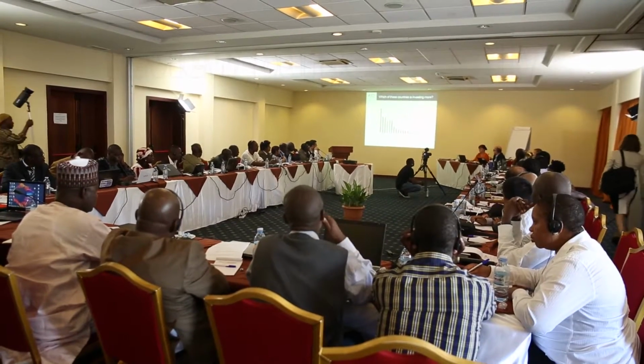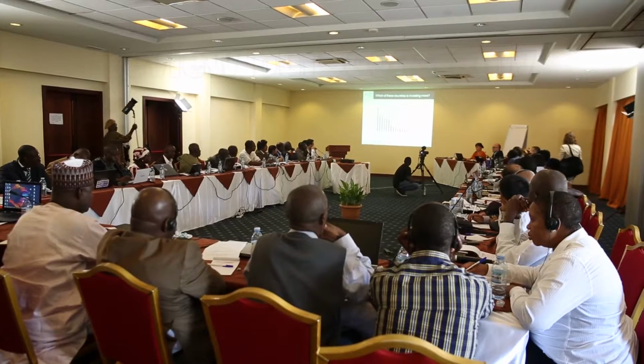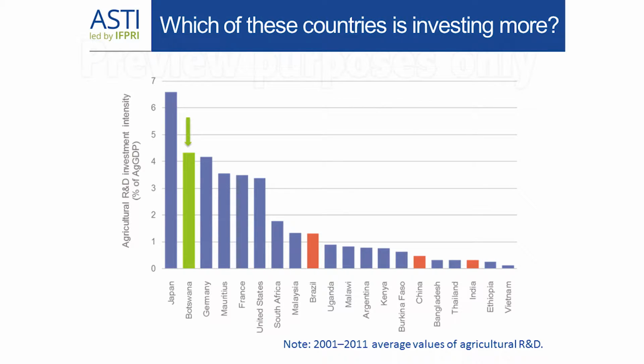So they should be investing. If that's the case, my first question was, why the heck are these countries appearing at the right end of the graph? And should we conclude that, for instance, Botswana has a more developed research system than India or China or Brazil?